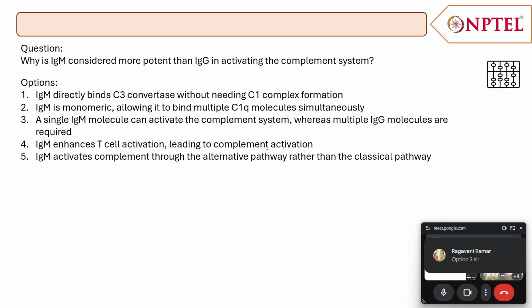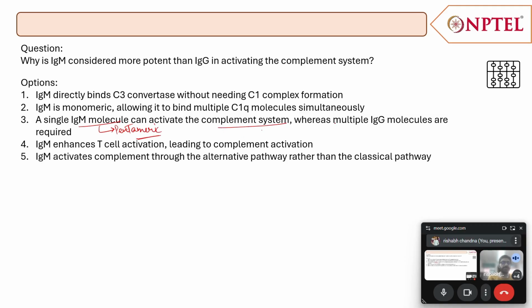Just a few questions back we discussed that the IgM molecule is pentameric. So it can directly activate the complement system, whereas multiple IgG molecules will be required to activate C1q, that is the classical complement pathway. So the correct answer is option number 3. Okay. So let's move on to the next question.